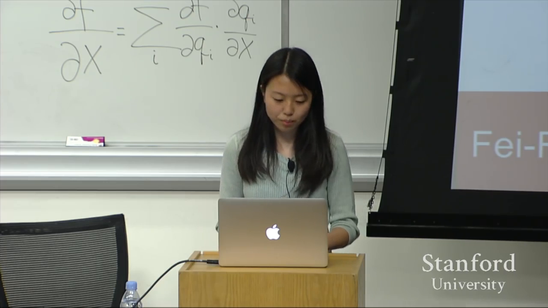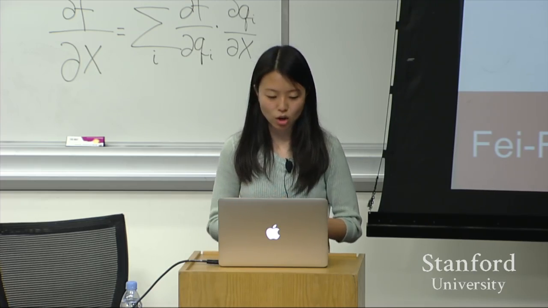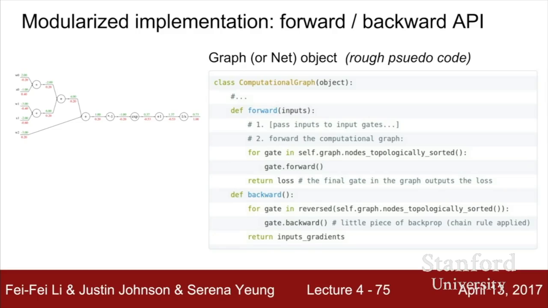Okay, so the way that we've been thinking about this is like a really modularized implementation, where in our computational graph we look at each node locally, compute the local gradients, and chain them with the upstream gradients coming down. You can think of this as a forward and a backwards API. In the forward pass, we implement a function computing the output of this node, and then in the backwards pass, we compute the gradient.